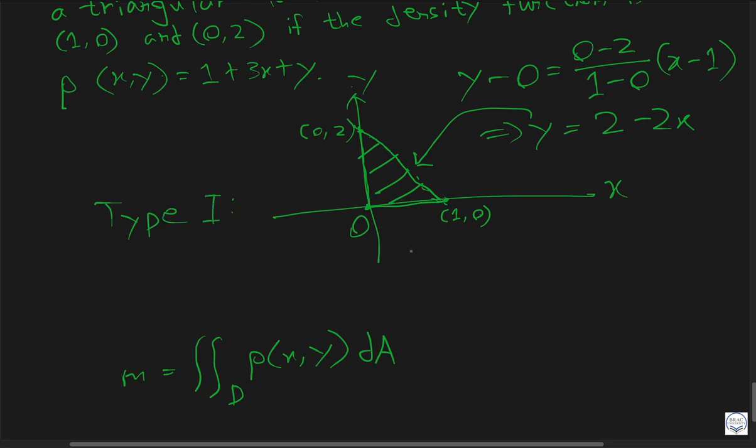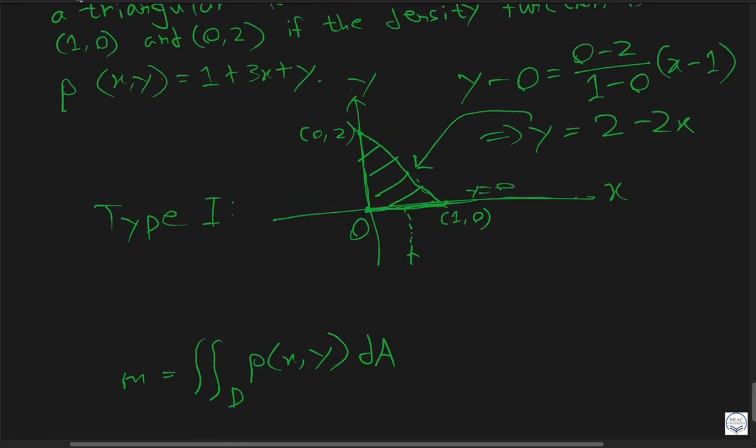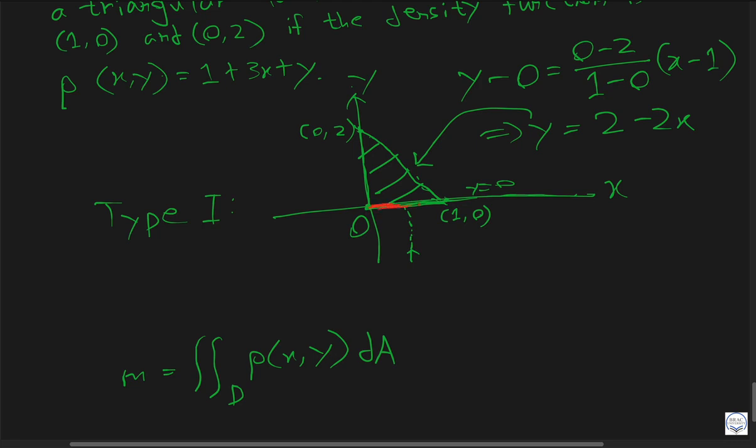Now we will start a small arrow from the bottom of the graph, and as it moves up, it should cross the region, and the first line it hits is y equals 0, the x-axis. Let's draw it in a different color. This is the first line it hits, and this is y equals 0.